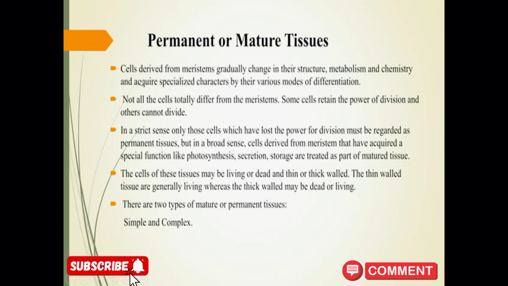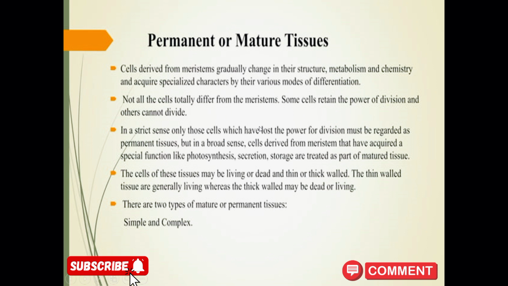But in a broad sense, cells derived from meristem that have acquired a special function, like photosynthesis, secretion and storage, are treated as part of mature tissues.